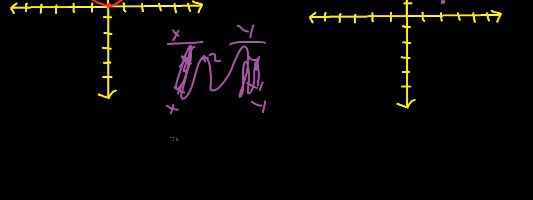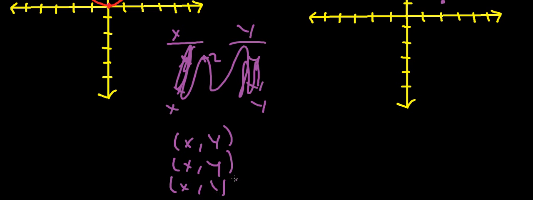If we had a set of ordered pairs, x, y, so we found a bunch of different ordered pairs for it by using the table. Basically what we're going to be doing is just adding 2 and 1 to each point.